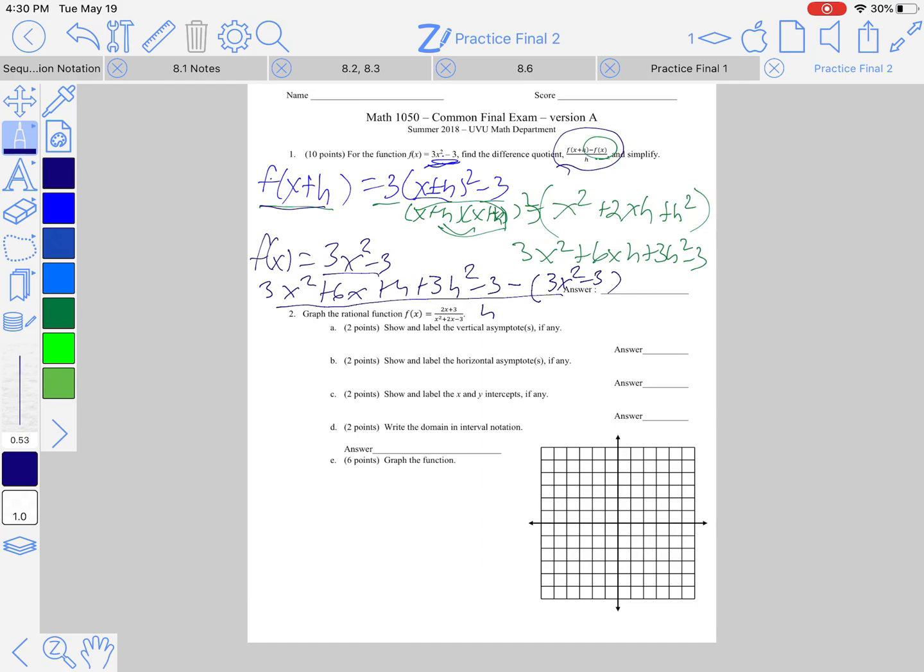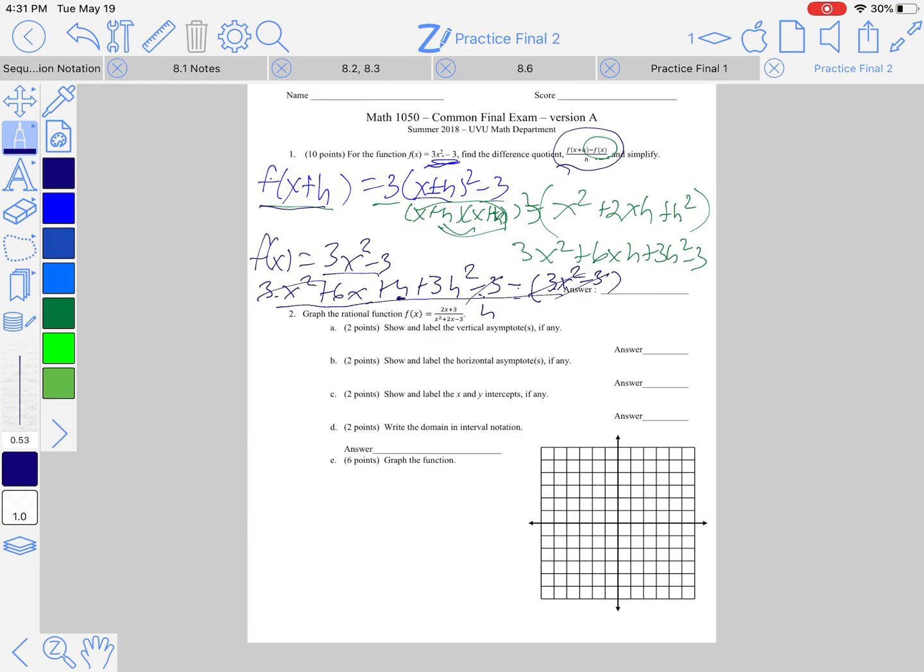So I get 3x squared minus 3x squared, which is going to cancel. And then I have minus 3 minus a minus 3, which is going to cancel.